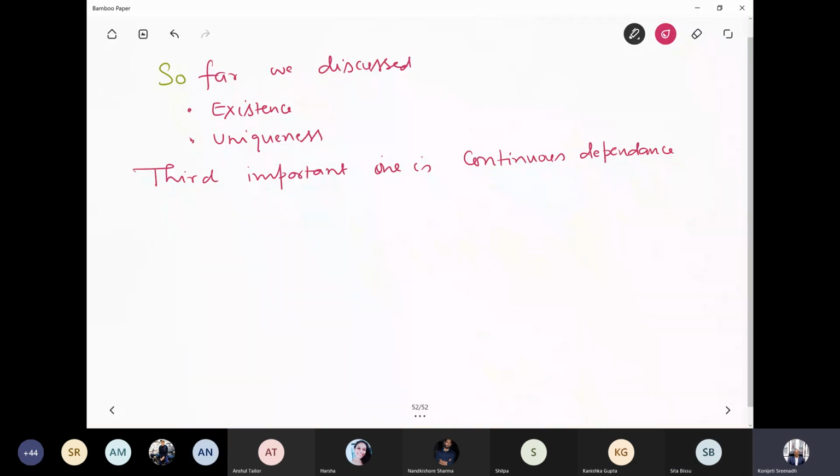So far we discussed existence and uniqueness, and the third important one is continuous dependence. And what is this continuous dependence?